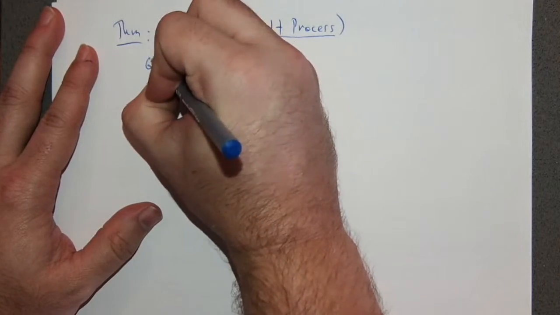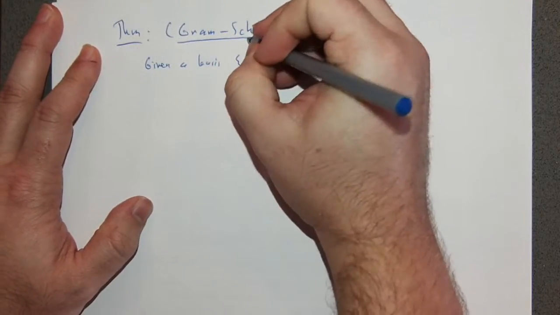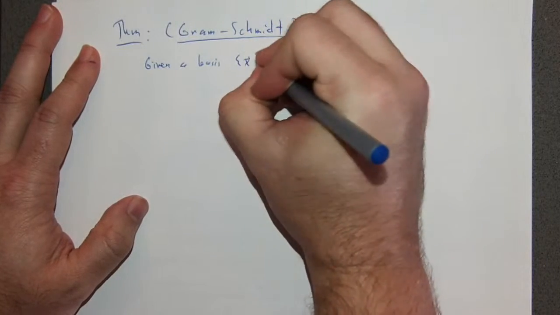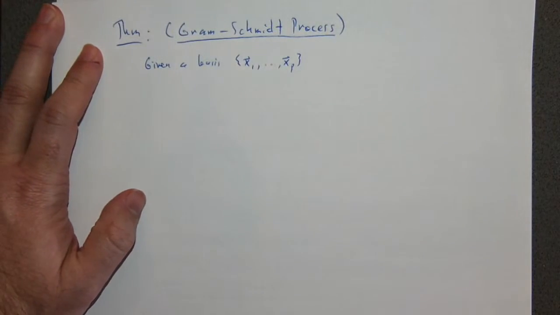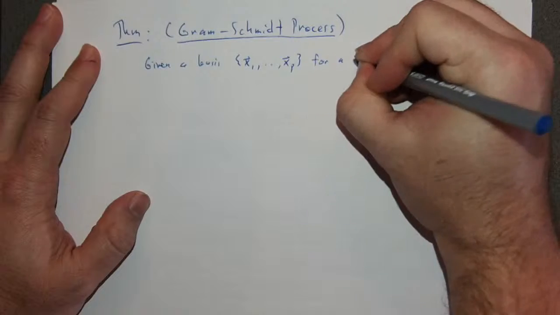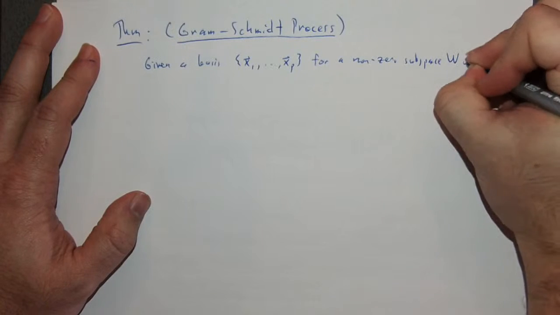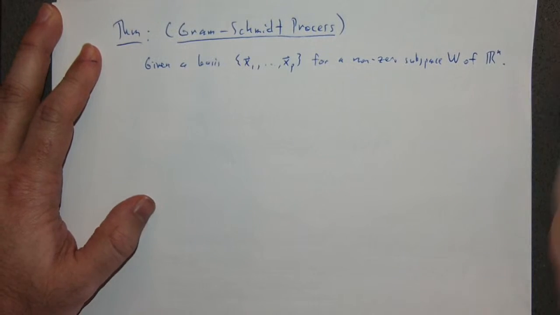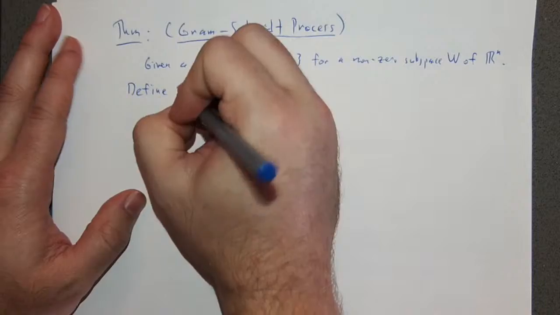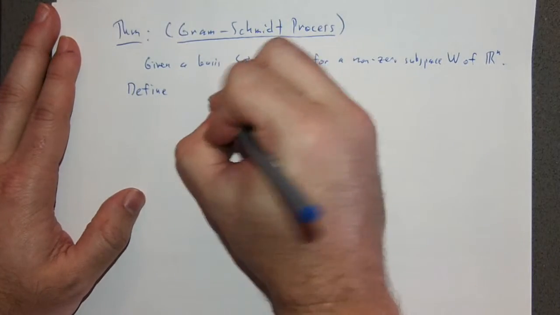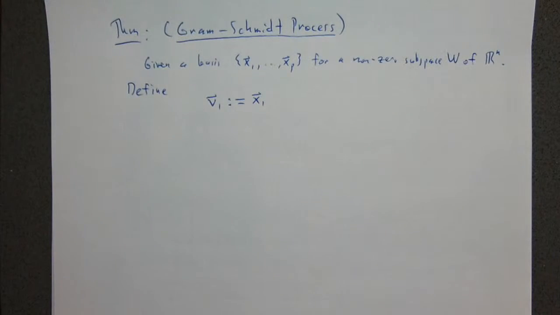Okay, so given a basis, we'll call this x1 to xp, for a non-zero subspace W of Rn, define the following vectors. So v1 is defined to be the vector x1.